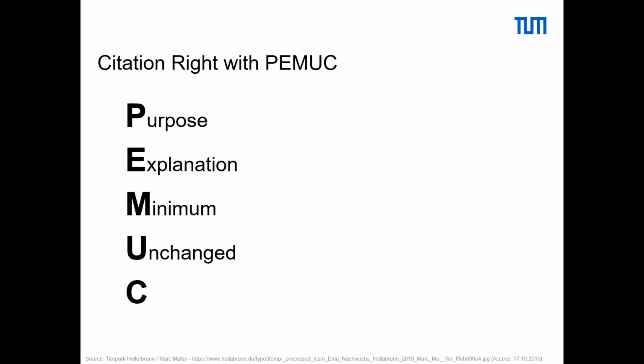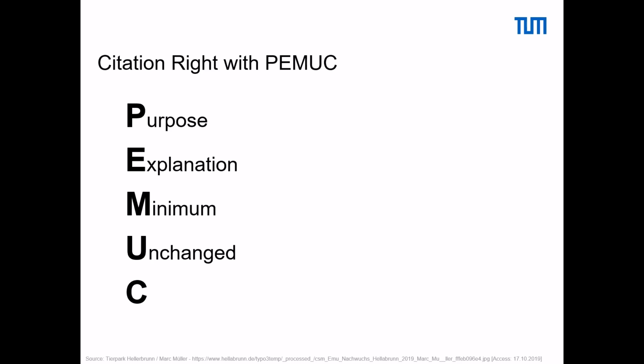And here some of you might think, well, if I paraphrase something, I use my own words, I do change something. So is this not allowed, or what's going on here? And here we come to a very important point. The copyright law protects a work and not an idea. This also means we only have to stick to the right to citation if we quote, which means if we cite directly, use the words of the original author.